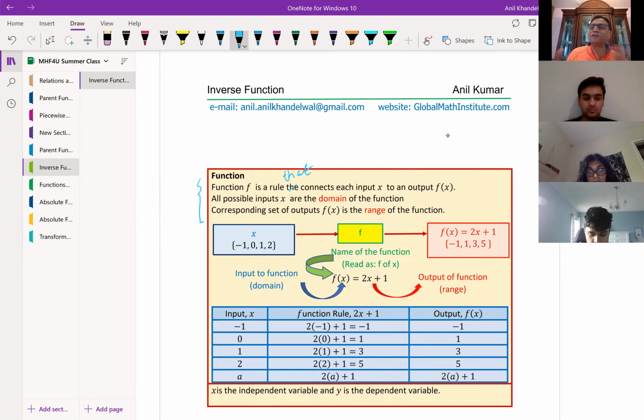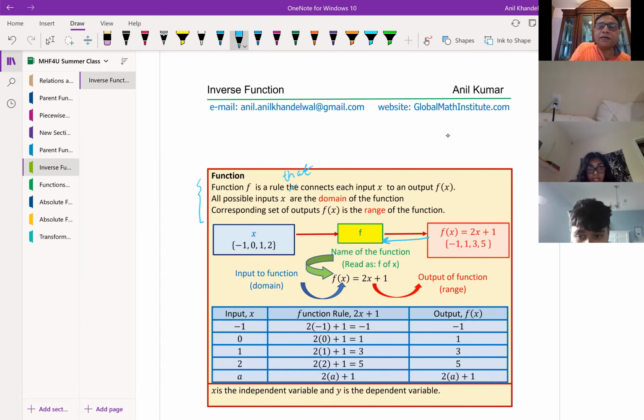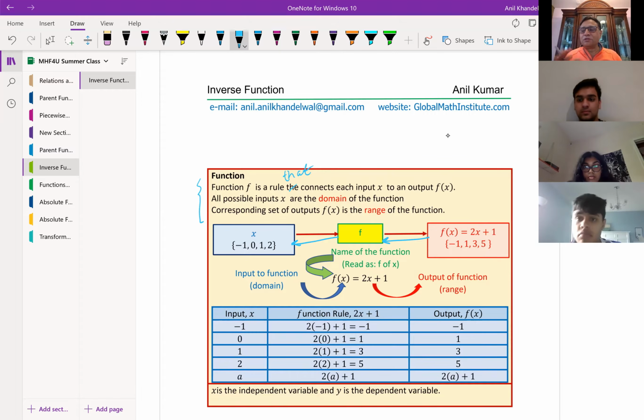Inverse is kind of a reverse operation, right? So the thing is, what happens when we feed in from the output side to our machine? Do we get the same input which resulted into that output? That is what we are going to look into today. Is that clear? So the reverse operation is actually inverse of a function.